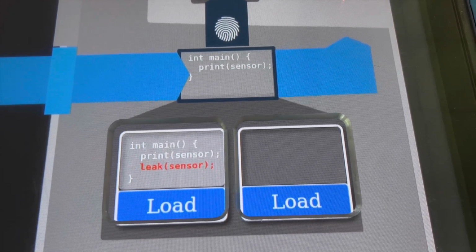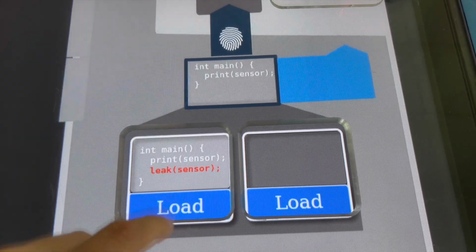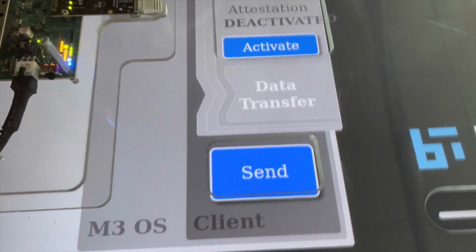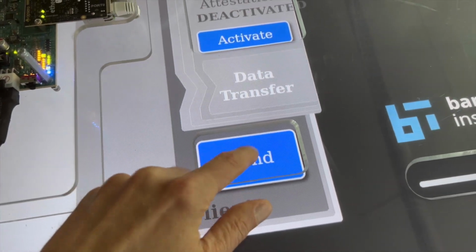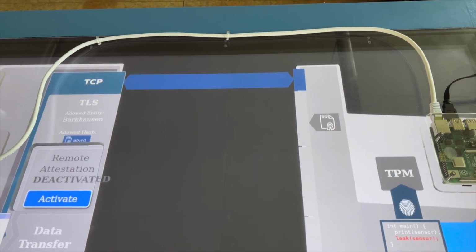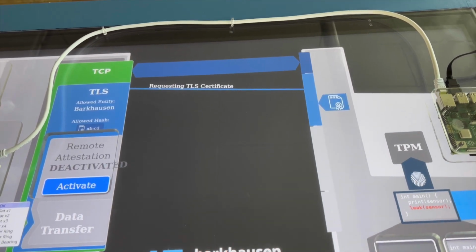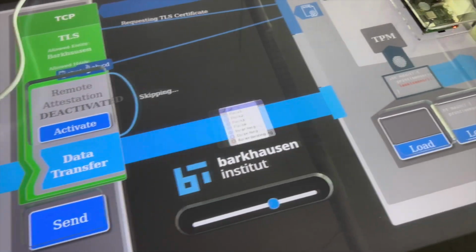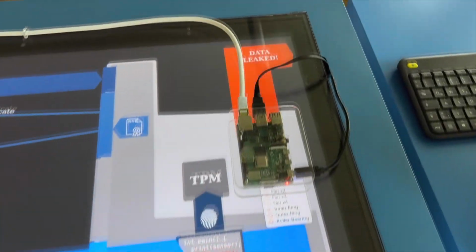So for example, if a malicious attacker managed to compromise the software running on the device, such that it leaks the data, even though the TLS protocol is happening, it cannot know that the data that will now be sent to the malicious cloud endpoint will actually be leaked.